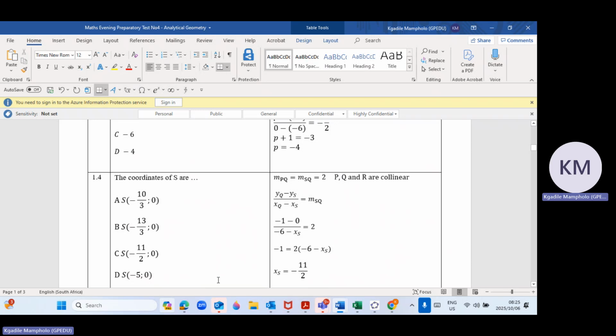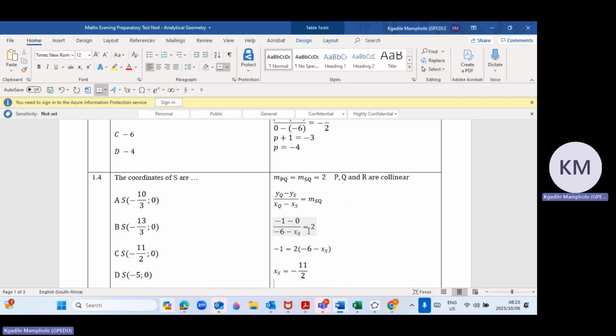They're on the same straight line. Therefore, you use the gradient of SQ, but you know it is 2. We calculated it in number 1 as the gradient of PQ, but P, Q and S are collinear. If the points are collinear, the gradient of any 2 points is the same.